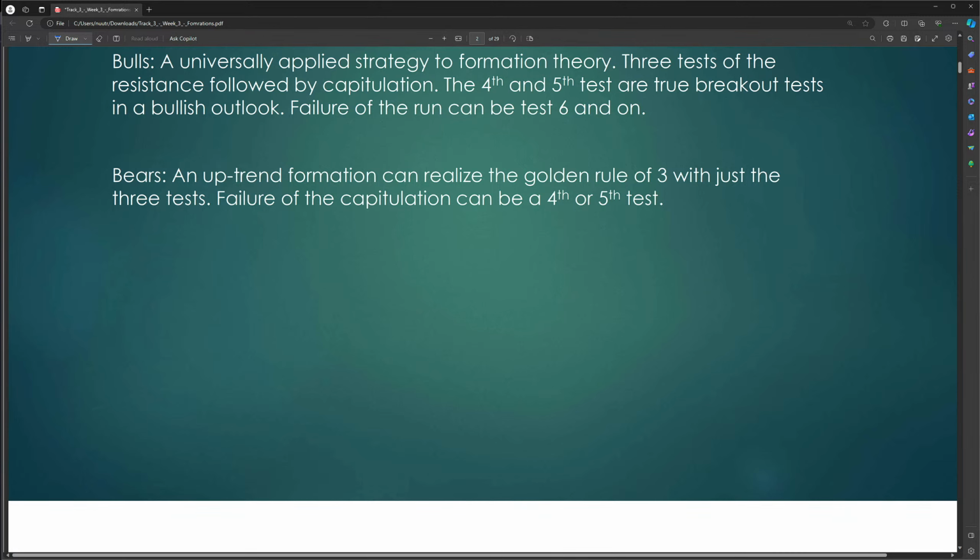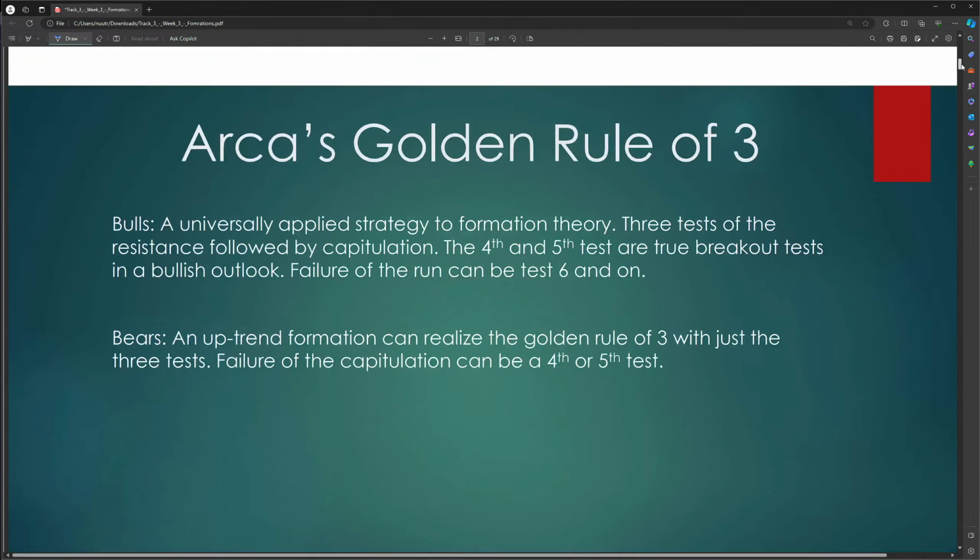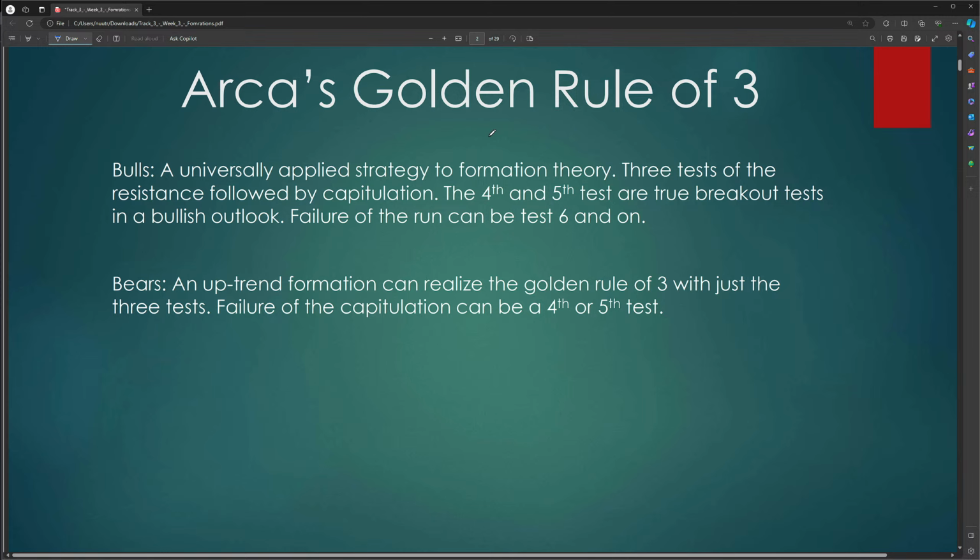Right, so let's go ahead and take a look at this real quick, team. So this is going to be your ARCa's golden rule of 3, right? So don't take it as me being the creator of this. It's just that so many different people call this a golden rule of 3, but not everyone really looks at it the same way.